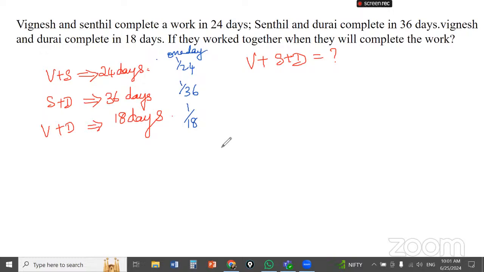This is 1 day work done by Vignesh and Sendil, Sendil and Durai, then Vignesh and Durai. From this, how can we find the 3 of them together? It's a simple thing only.